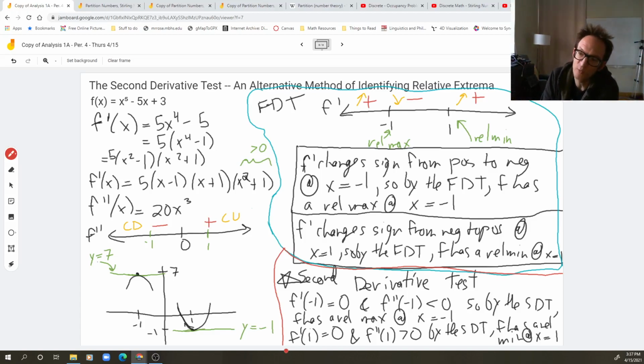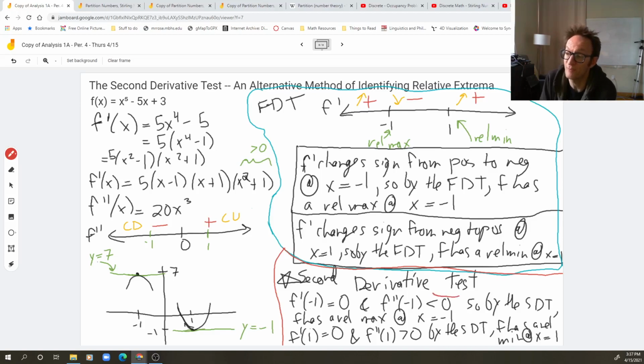This doesn't come up that often. It comes up when, for whatever reason, it would be extremely difficult to make a sign chart for the first derivative. There are times when making a sign chart for the first derivative might be really, really difficult, and this is easier. By the way, you don't even need to make a sign chart for the second derivative per se.